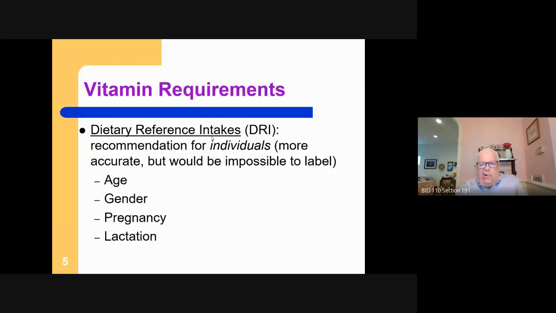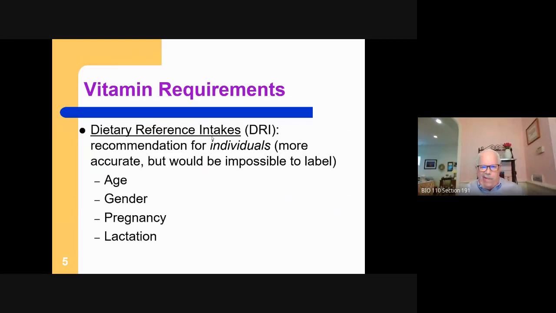So what is your requirements? Well, as you get older, your appetite, your preferences may change, and you may need to take vitamins. If you are a female, you may need to take extra vitamins. If you're pregnant, you may need to take extra vitamins.